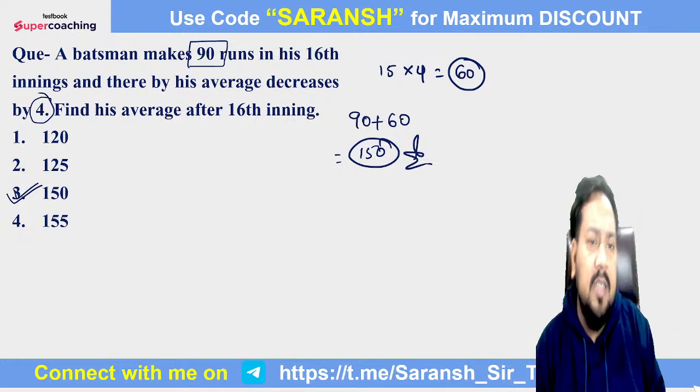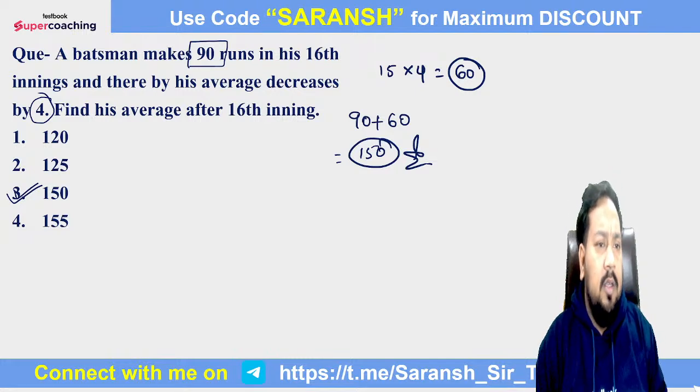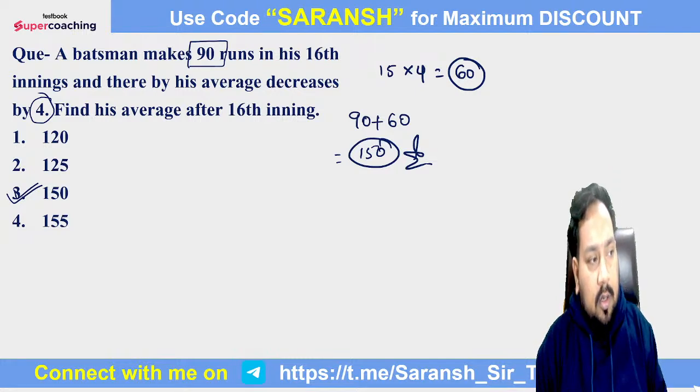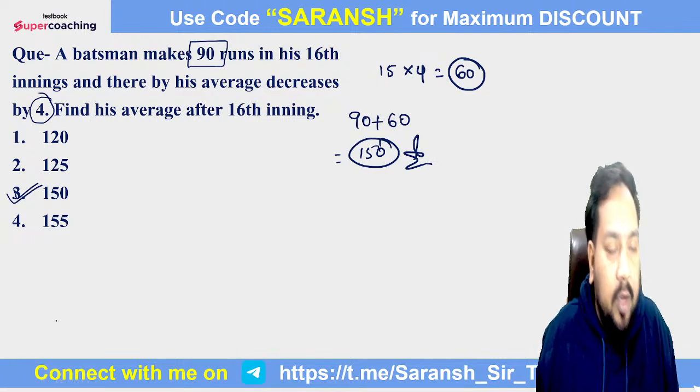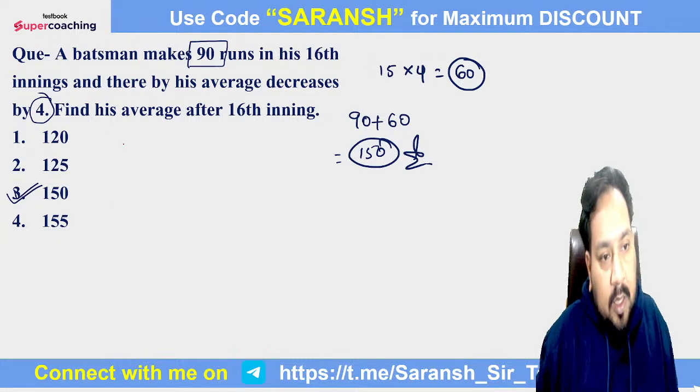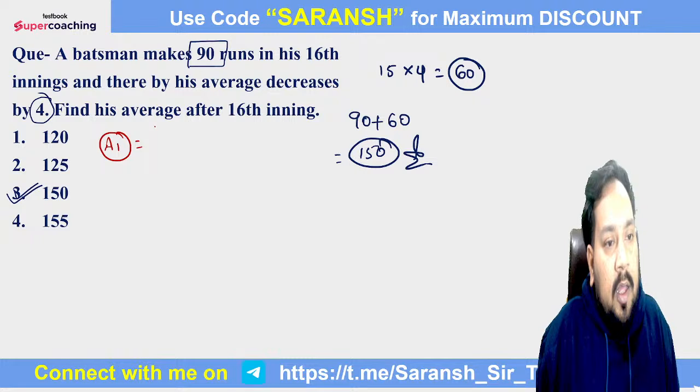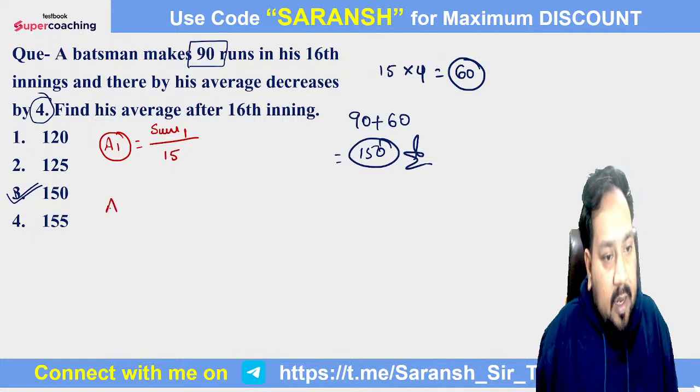Simple. Just use logic. If you don't use logic, just see what will happen. See, average one we don't know. That will be S1 upon 15. Second average is A1 minus 4.